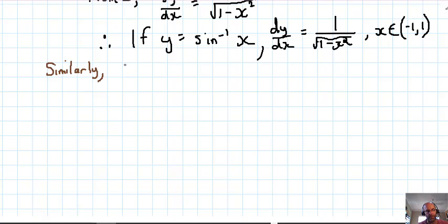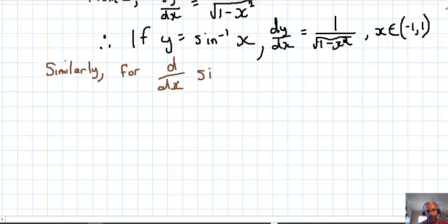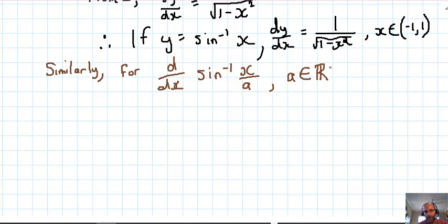Similarly, we can show a result for the derivative of inverse sine of x on a, where a is an element of positive real numbers. Using chain rule, I'm not going to do the entire derivation, but I'll show you what substitutions we'd use.